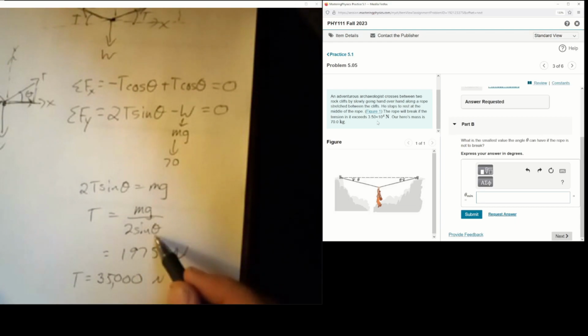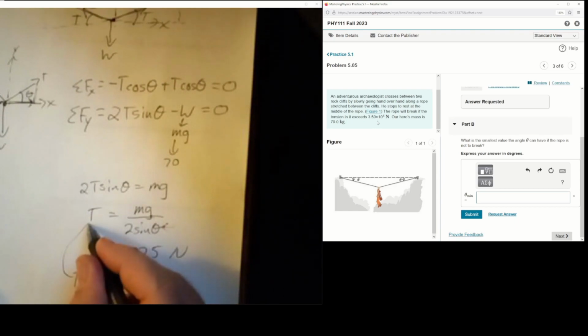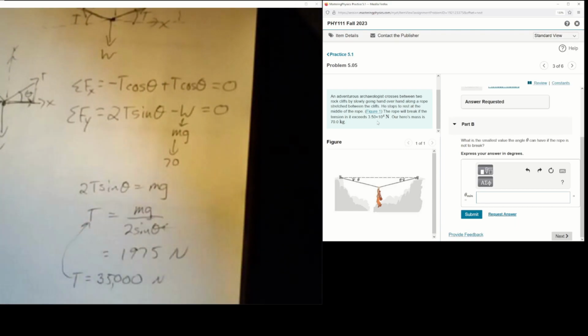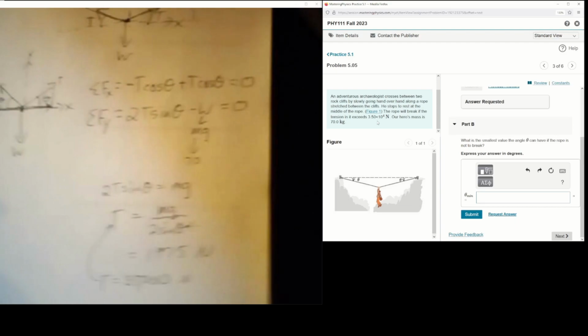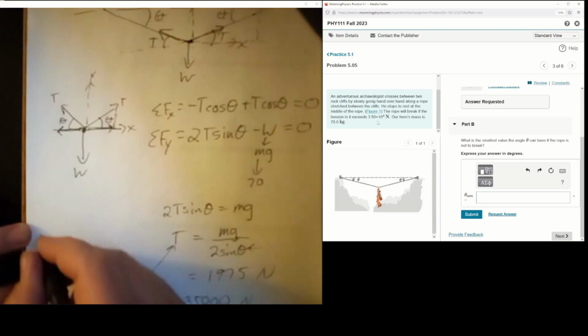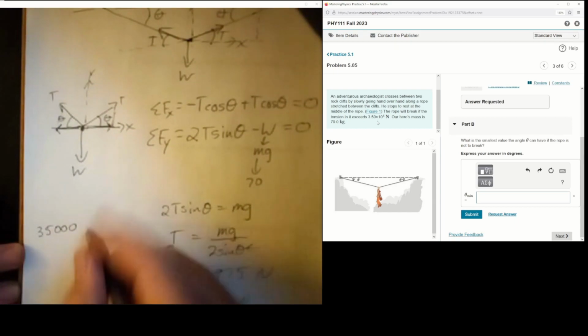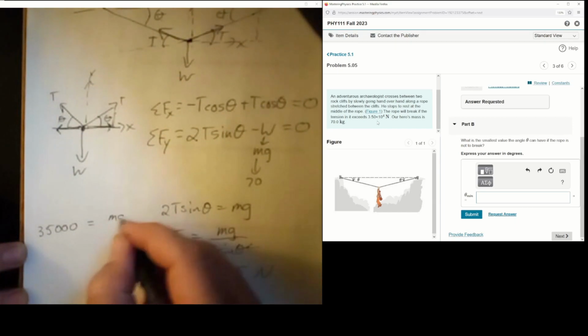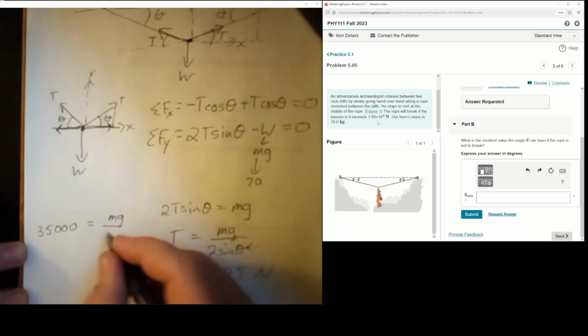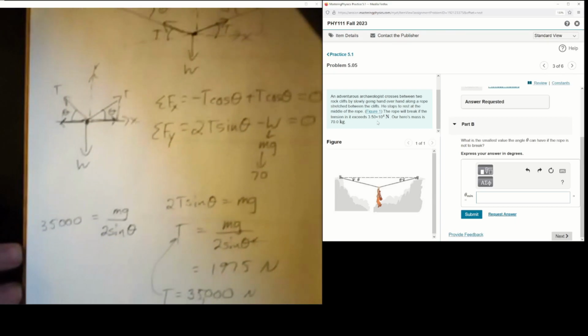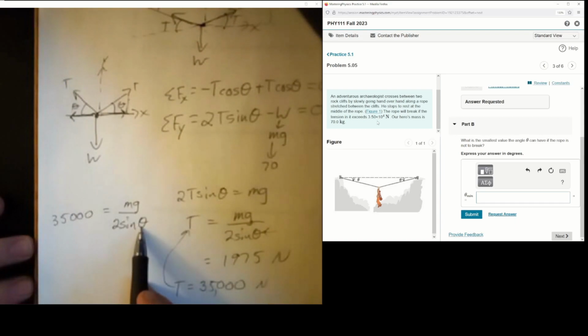And so now they want us to solve for the angle, with tension now being this breaking value. So they're saying if tension is right at this breaking value of 35,000 newtons, then what must the angle be? That's right at that breaking point. So now we're solving for the angle.